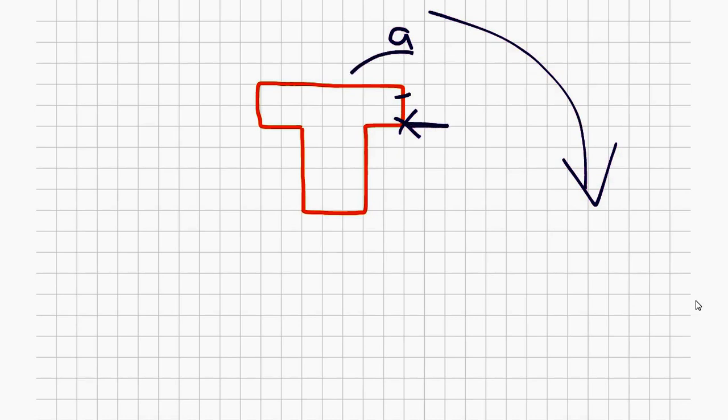Now this part there has gone all the way across, so that's going to be 1, 2, 3, 4, 5, 6, 7. 1, 2, 3, 4, 5, 6, and off the page. And this part is now here.